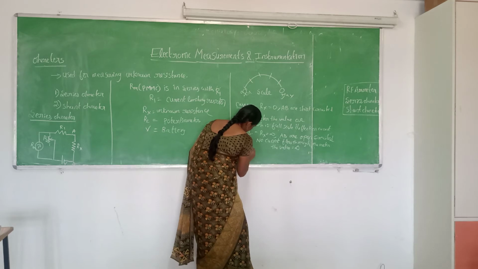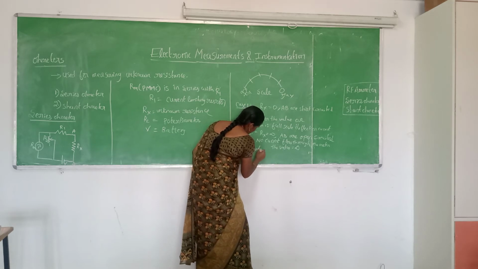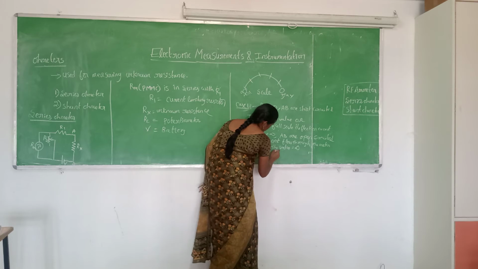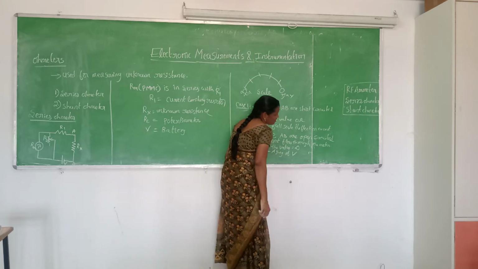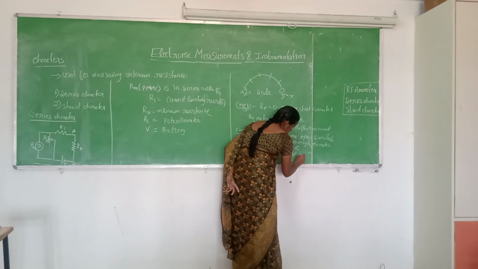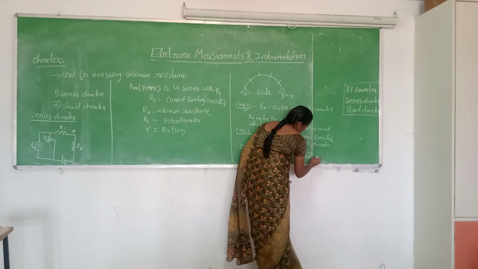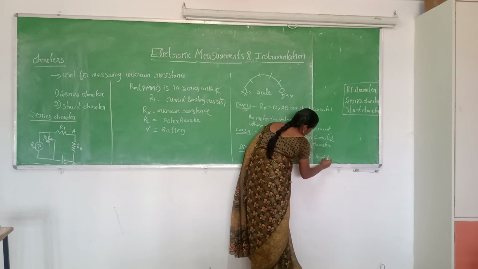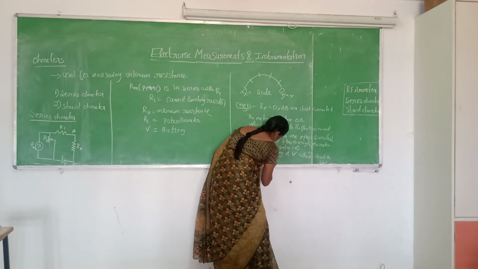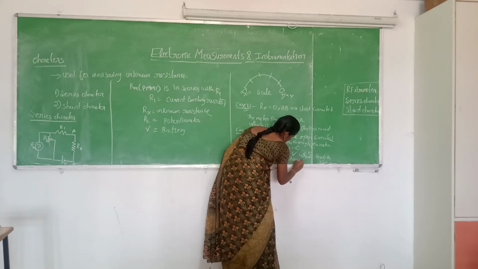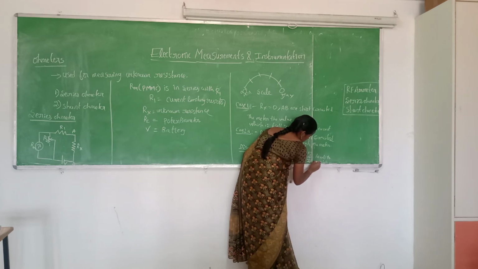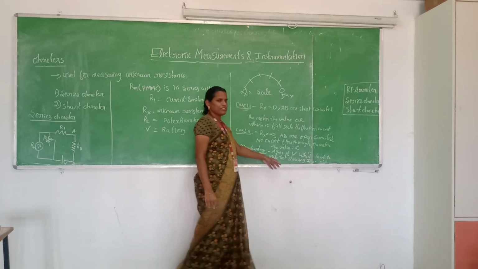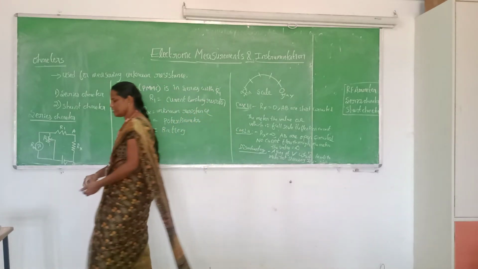So one of the disadvantages is aging of battery B, which leads to the meter not showing the full scale deflection current.